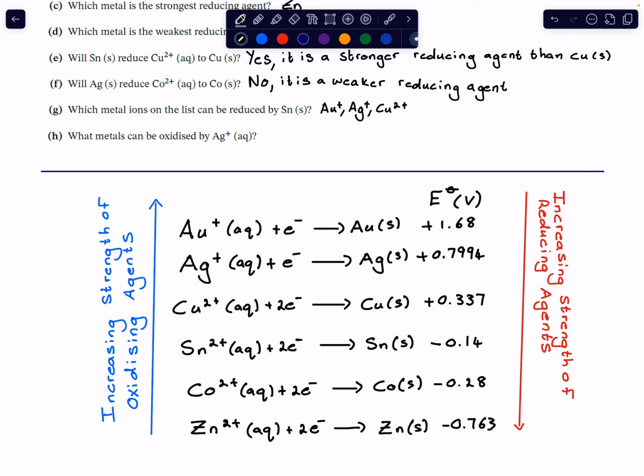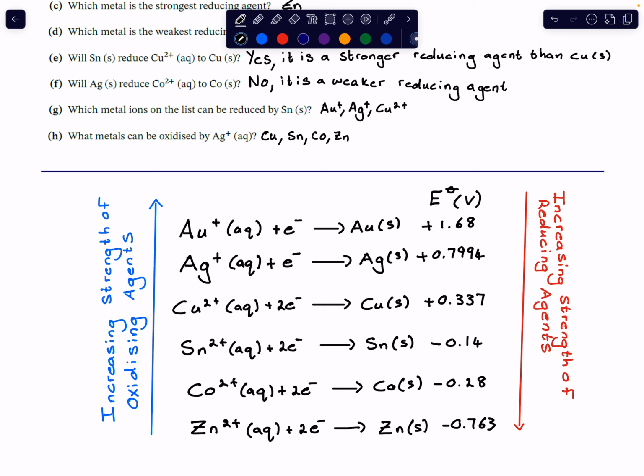So silver plus in the presence of copper solid, copper, tin, cobalt, or zinc, it will oxidize any of those metals, because they lie below it and will be preferentially oxidized, while the silver undergoes reduction. And that's how you use a little table like this, or how you use your bigger table.